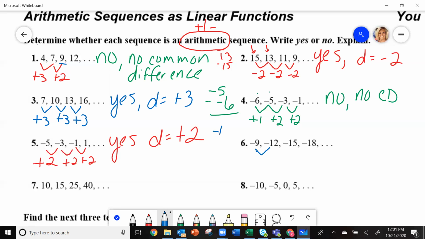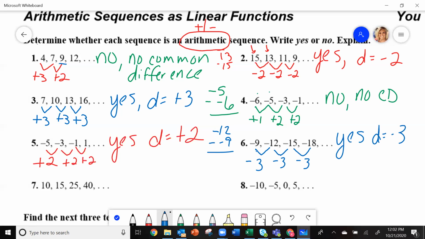Again, you can do -12 minus -9 to find your difference. It is supposed to be minus, not a plus. We're going more negative. So -3. -12 minus 3 is -15. -3 right here, -18. So this is yes. And D equals -3.